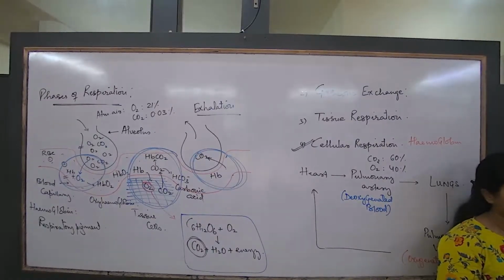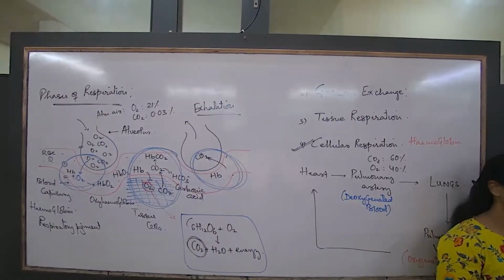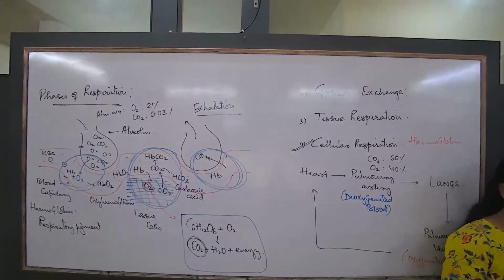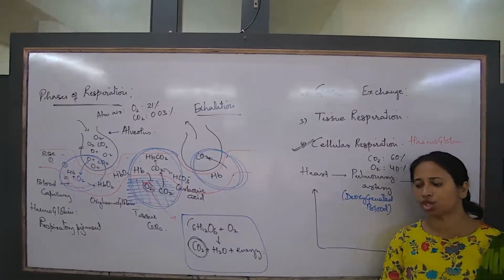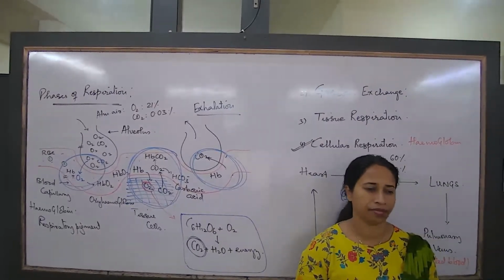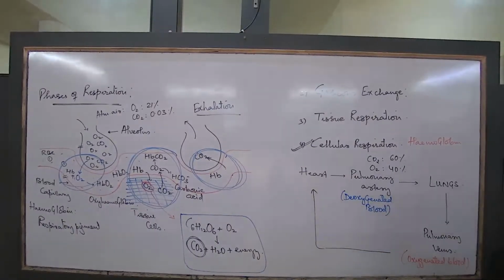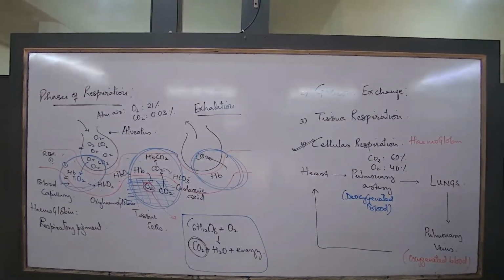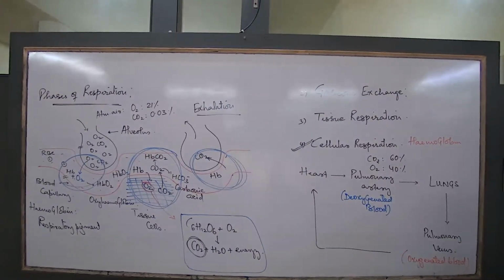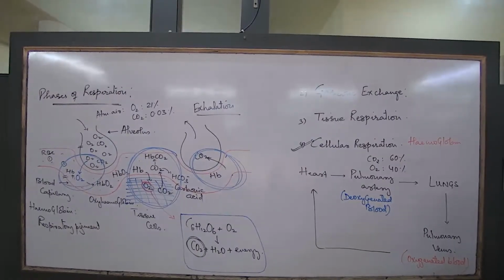Carbon dioxide released in the tissues diffuses towards the nearby blood vessel.